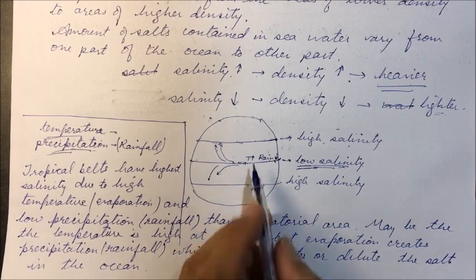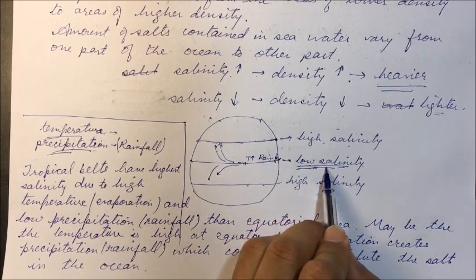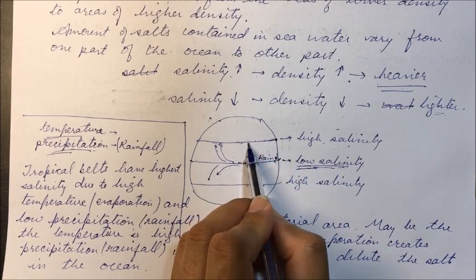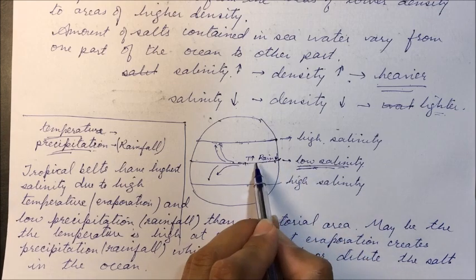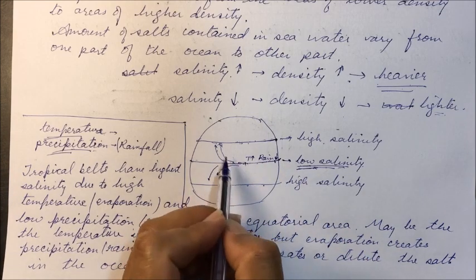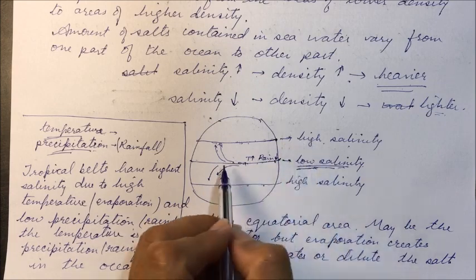Due to heavy rainfall in the equatorial region, here we have low salinity as compared to the tropics, even though we have high temperature in equatorial region, but here water is less dense. That's why it moves towards the tropics. It moves towards the high salinity water.